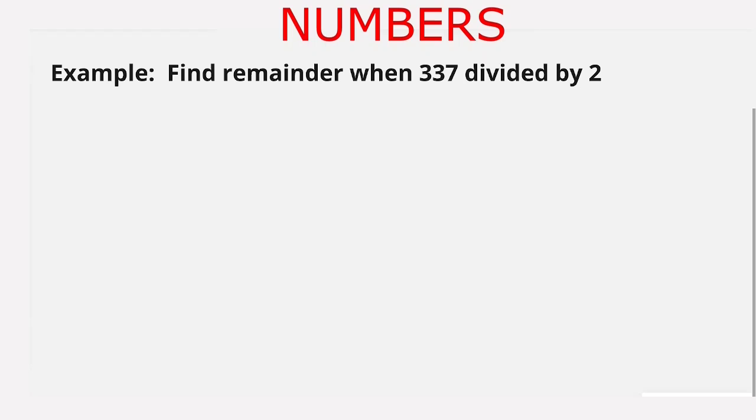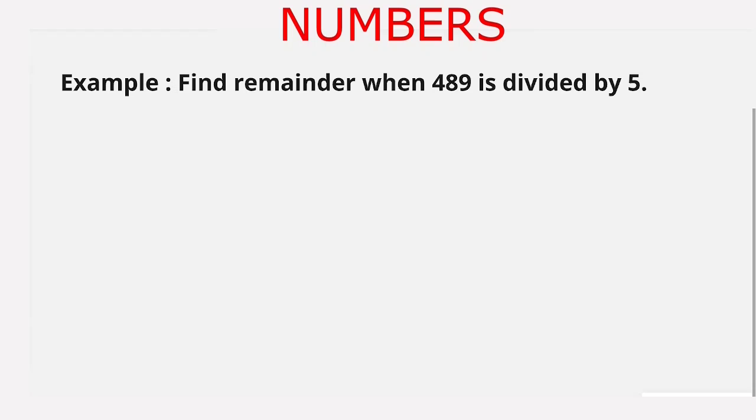Now we have not to divide the entire 337. We have just to divide 7, and 7 when divided by 2 gives the remainder 1, as 2 times 3 is 6, and if we subtract 6 from 7 we get remainder 1, and this 1 is the remainder when 337 is divided by 2.